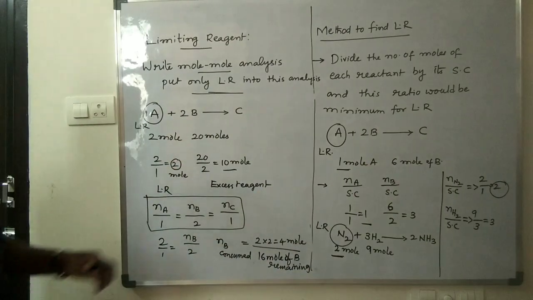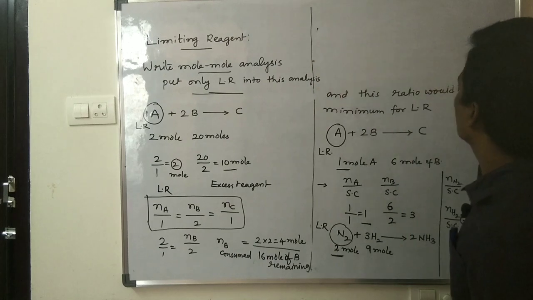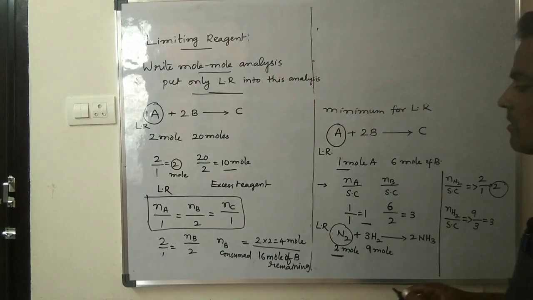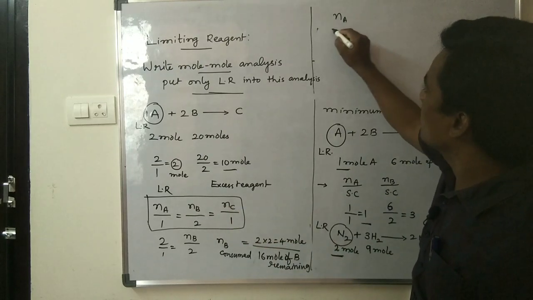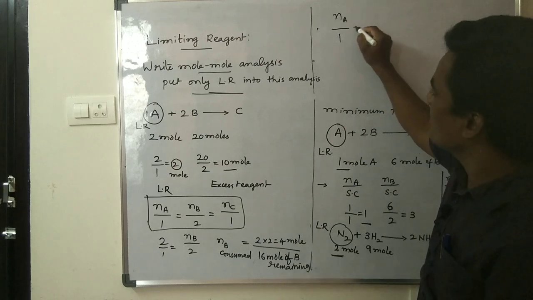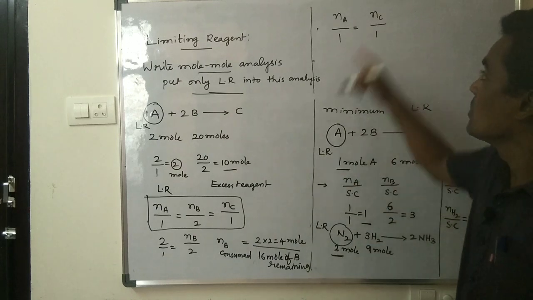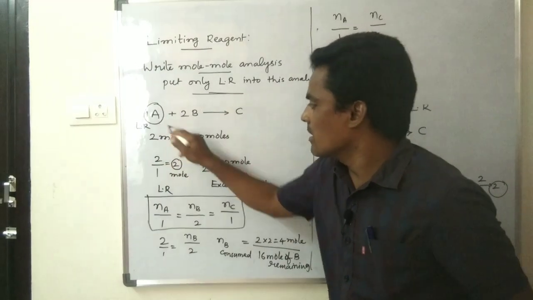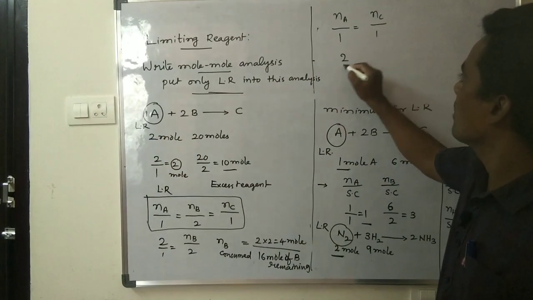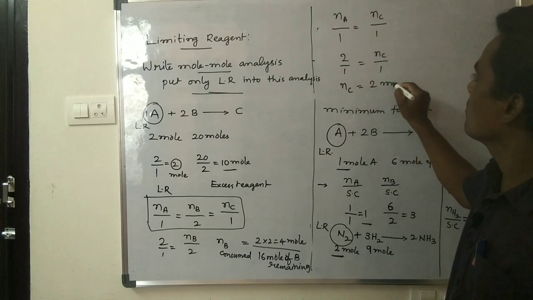So now how many moles of C are produced? How many moles of C are formed during this reaction? We know the mole relation: nA upon its stoichiometric coefficient equals the number of moles of C upon its stoichiometric coefficient 1. The number of moles of A is 2 moles. 2 upon 1 equals nC upon 1, so nC equals 2 moles.